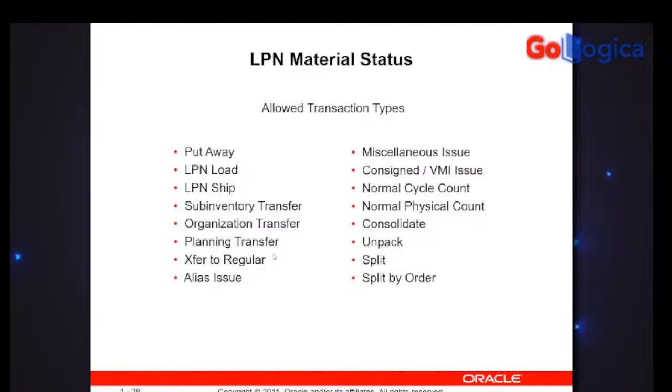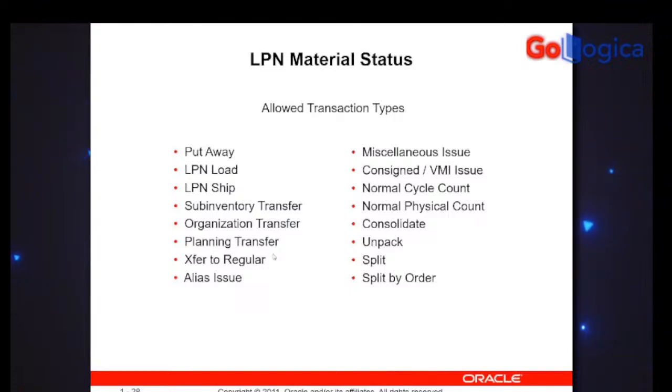The LPN can be put away, loaded, shipped, subinventory transferred, organization transferred, planning transferred, alias issued, transferred to regular. All these are the allowed transaction types you can perform on your LPN. You can split an LPN, pack, and unpack.